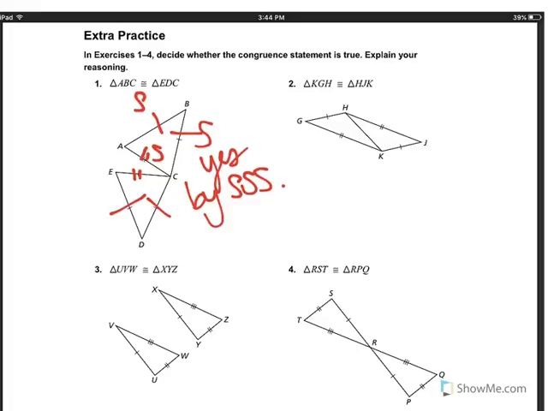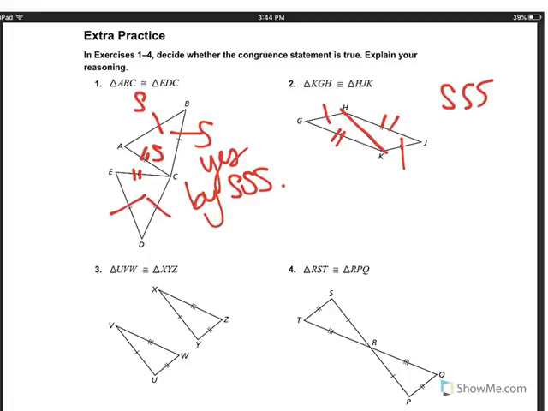If you look at number 2, we have triangle KGH is congruent to HJK. If we take a look at GH, it has one tick mark, JK has one tick mark. We have JK has 2, HJ has 2. And then in order for it to be side, side, side, we need this third side to be congruent.